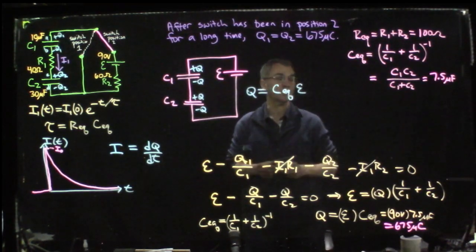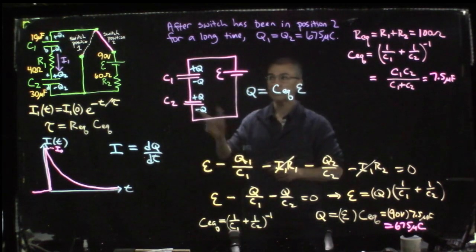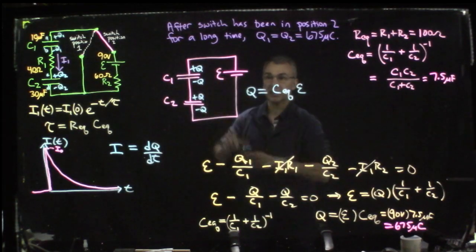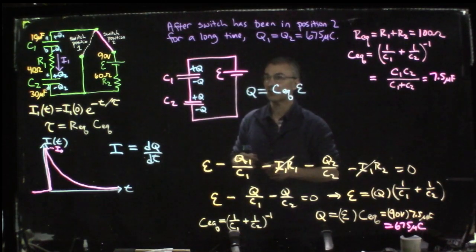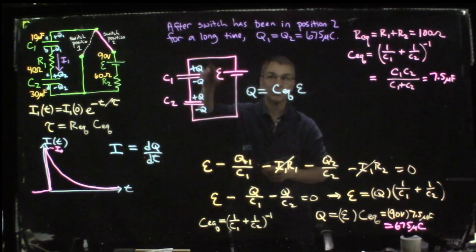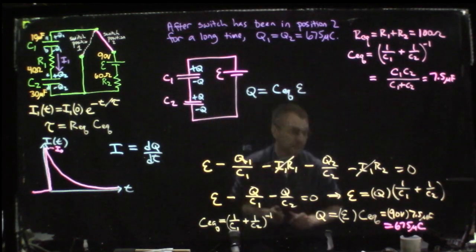So we worked that out before to be 7.5 microfarads. Okay, and that's multiplied by the full battery voltage. We've seen other examples of problems where the voltage across the capacitors in the steady state is actually smaller than the full battery voltage because there was still some other IR drop somewhere. We'll see one of those later.